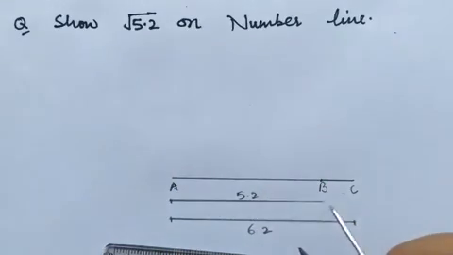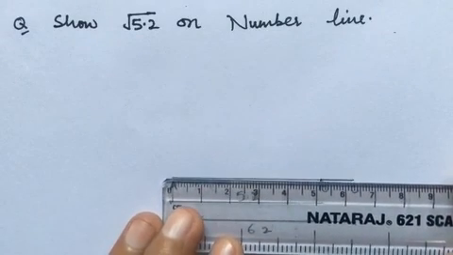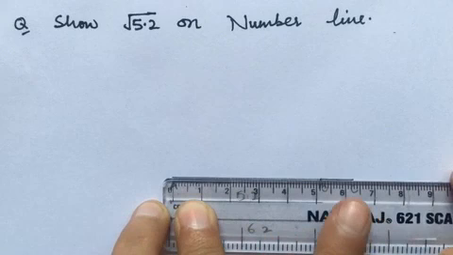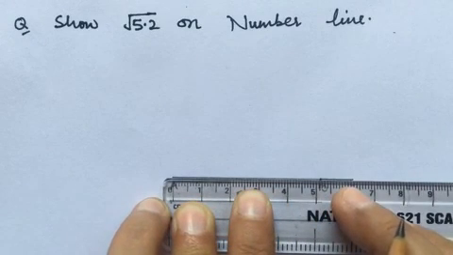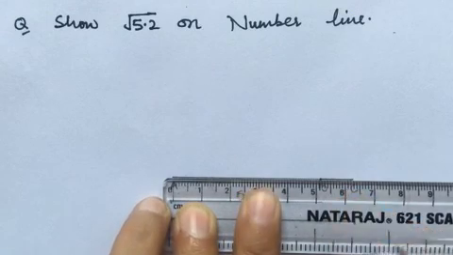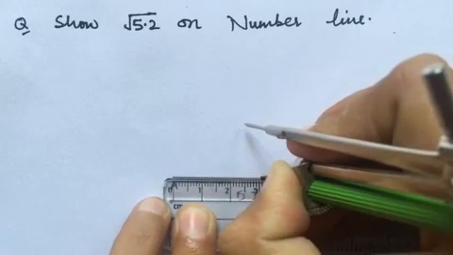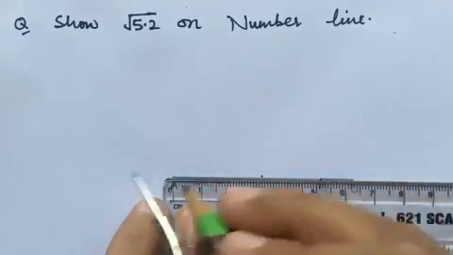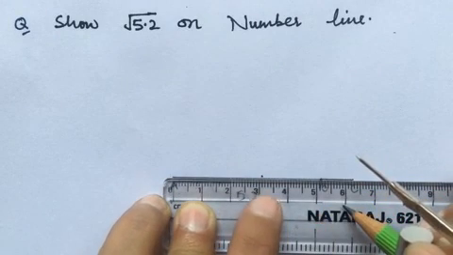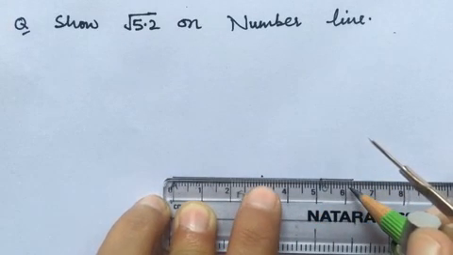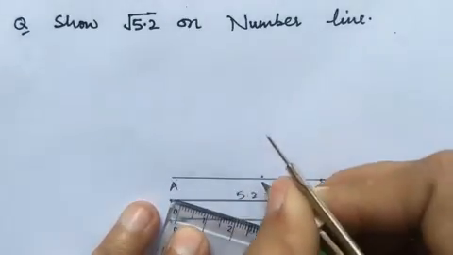Got my point? Now you have to make the half of the total length of the line. This is 6.2, so half of 6 is 3 and half of 0.2 is 0.1. So I got my half point over here, 3.1. Now I have got this point as point O.